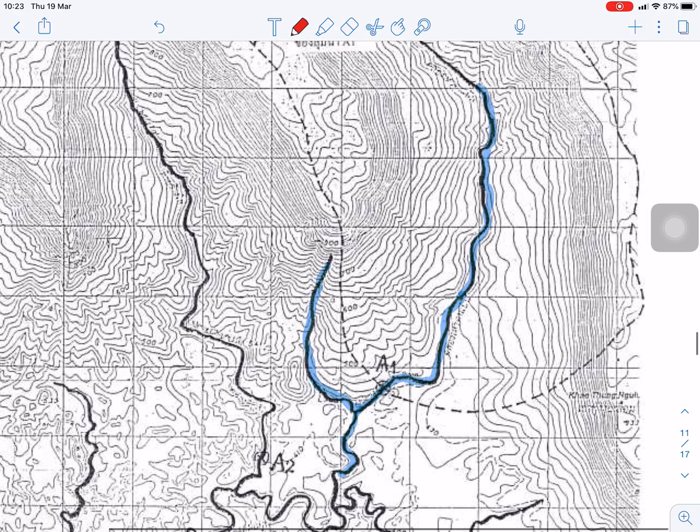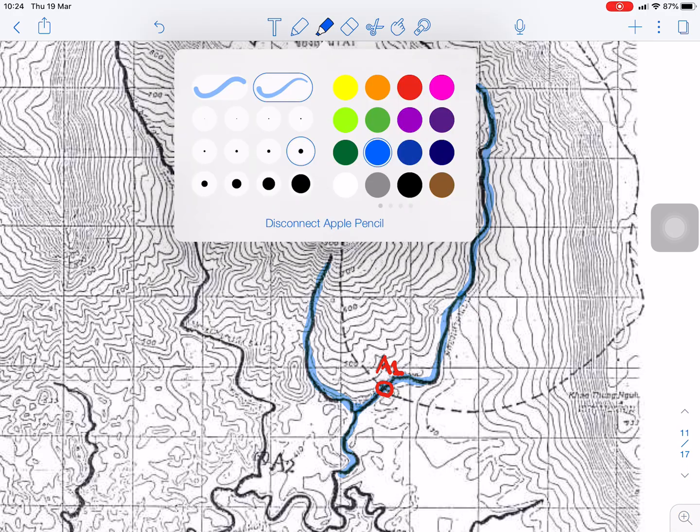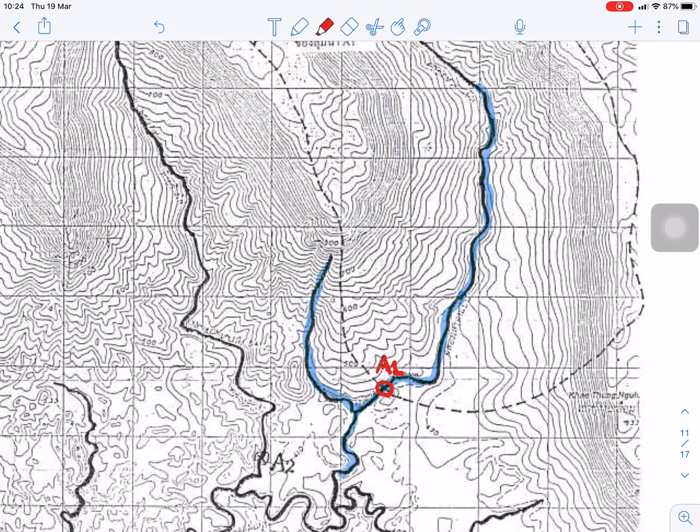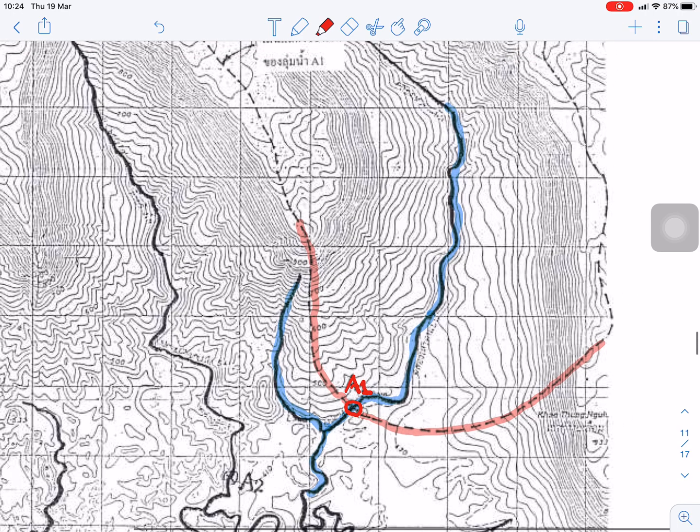Okay, if we want to know the catchment area of this point A1, we can draw the watershed divide starting from this point. That is the catchment boundary.